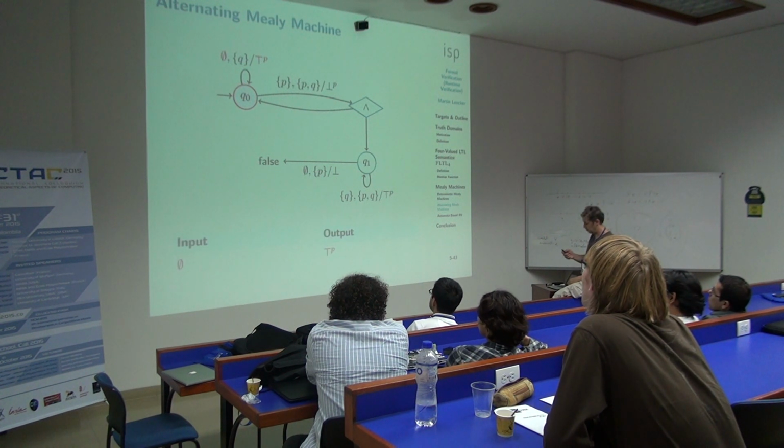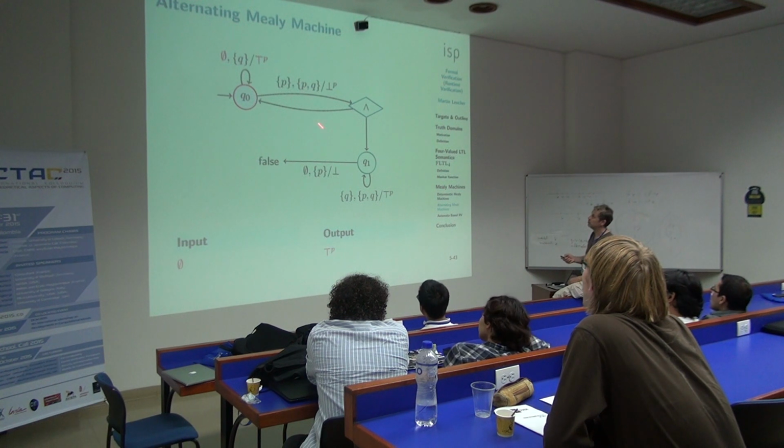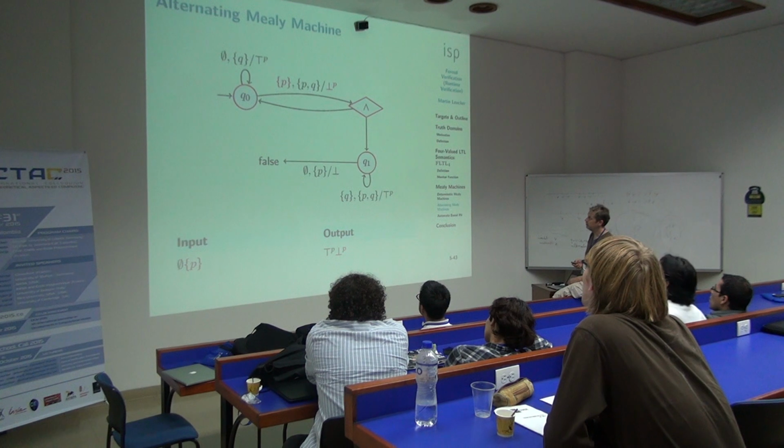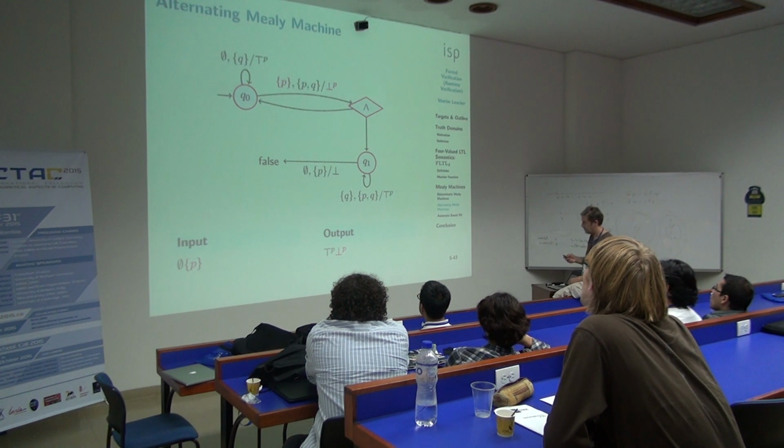So we read the empty set, we output presumably false and stay in Q0. Now reading P, we go to Q0 and to Q1, and the output here is presumably false. Now we continue reading, what do we read?